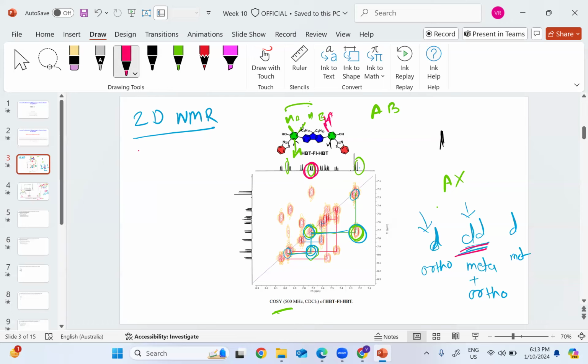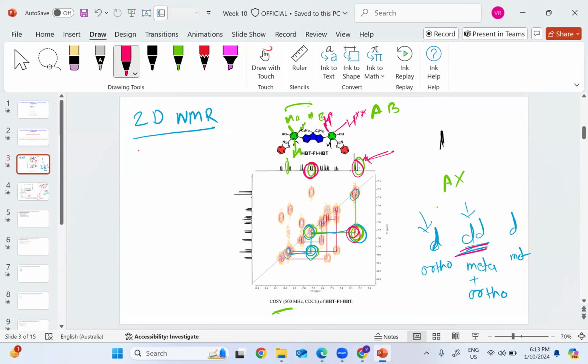Again, I observe another doublet here, right? So where does this doublet come from? If you look, this doublet and this doublet of doublet are correlated with each other, right? It means they are adjacent to each other. So this hydrogen belongs to this H star star, right? So I have referred to this as H star star, right?